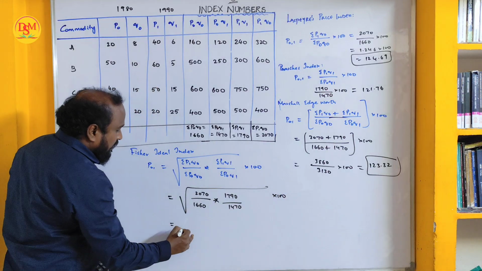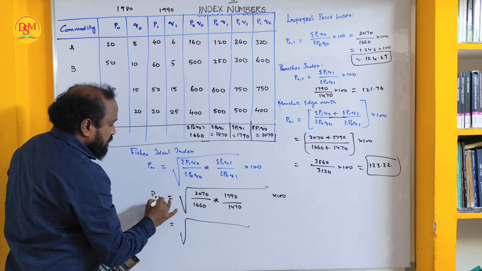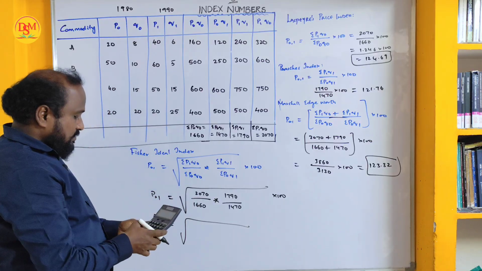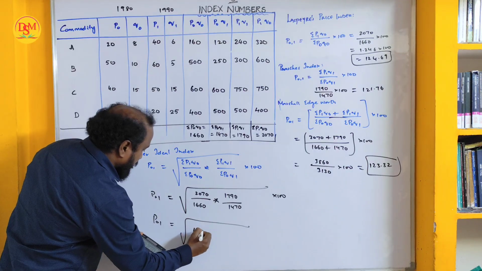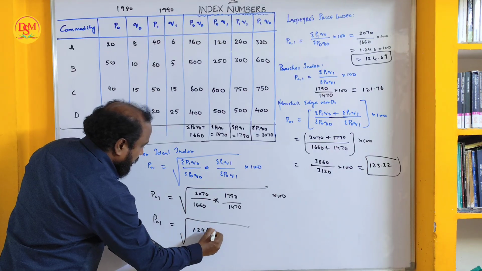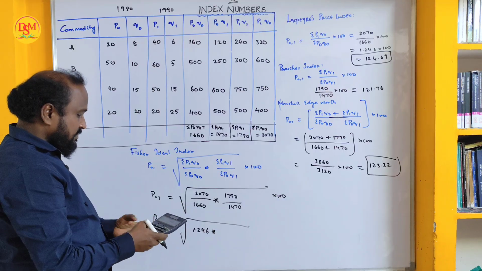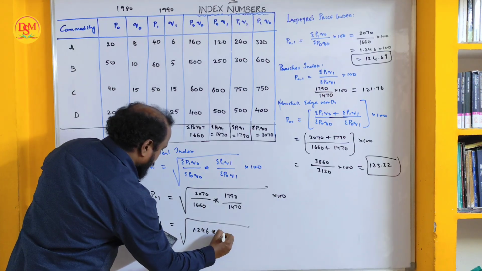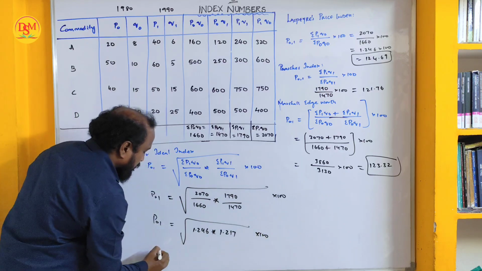After dividing, you have to multiply by 100. So 2070 divided by 1660 is 1.246, and 1790 divided by 1470 is 1.217.